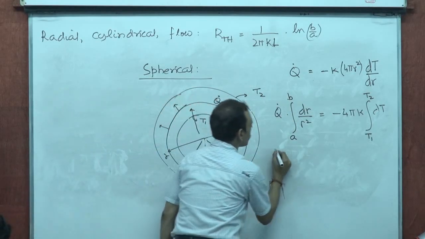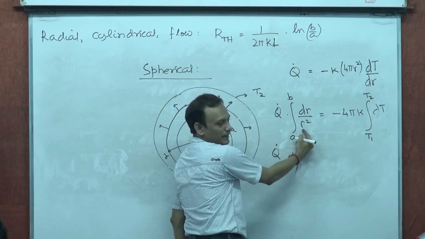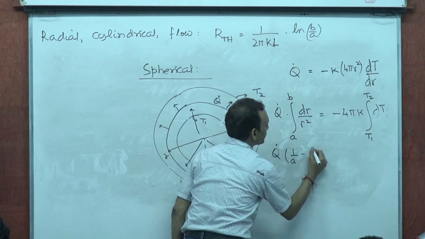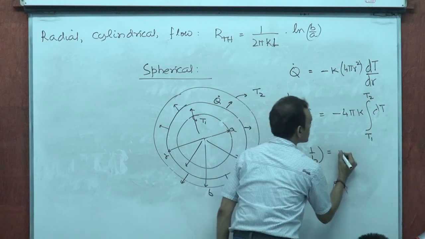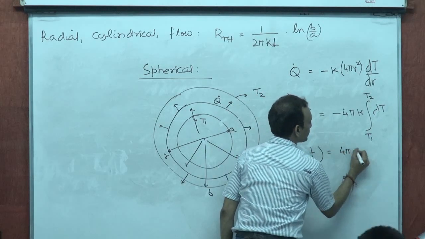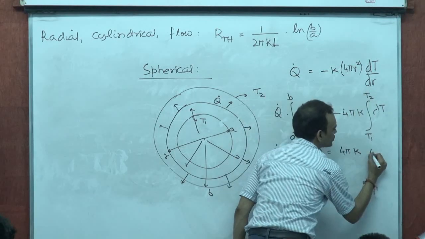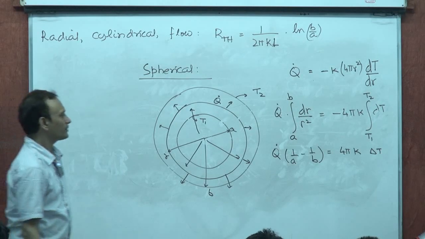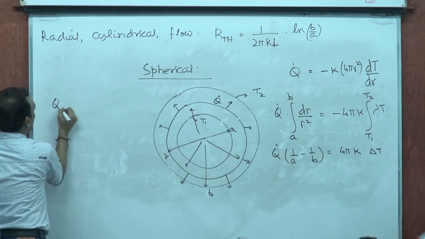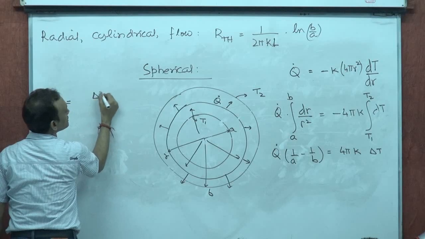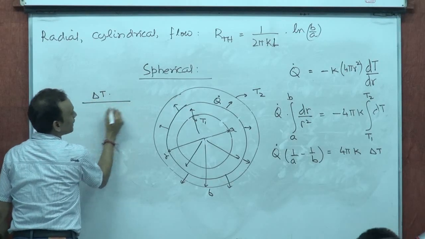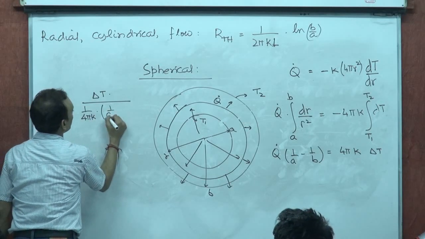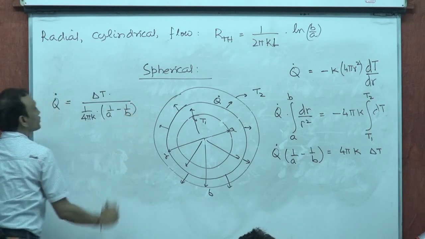So that gives me Q dot times minus 1 by r, so this will give me 1 by a minus 1 by b equals 4 pi k into T1 minus T2. That's delta T. So then I get Q dot, the heat current, as delta T divided by 1 by 4 pi k, 1 by a minus 1 by b.